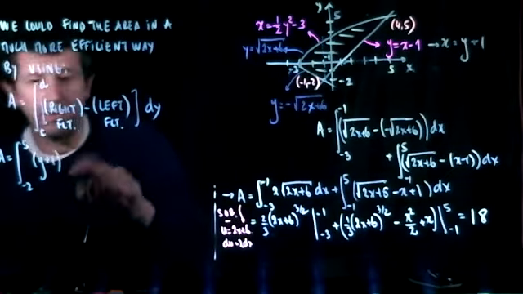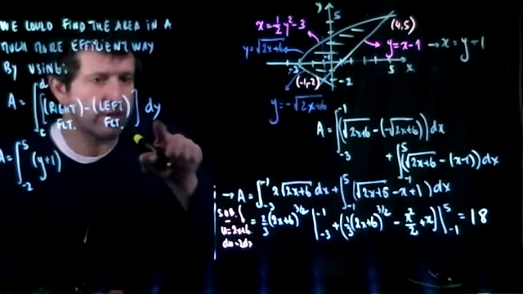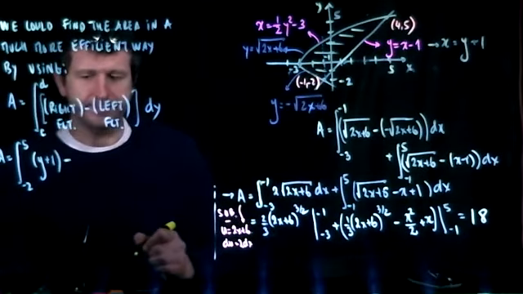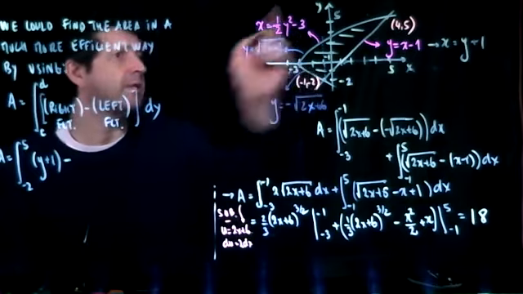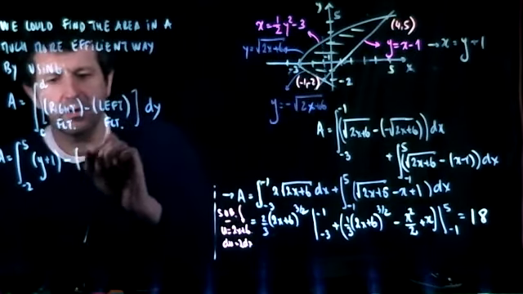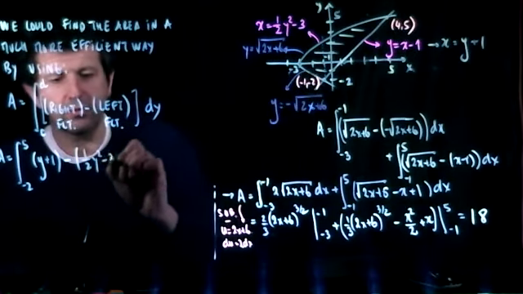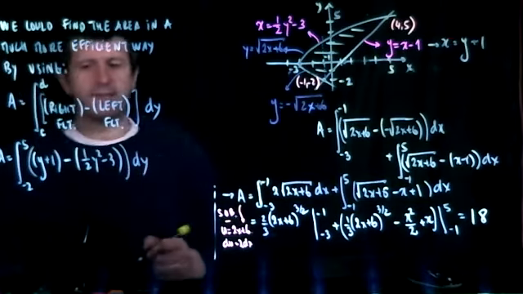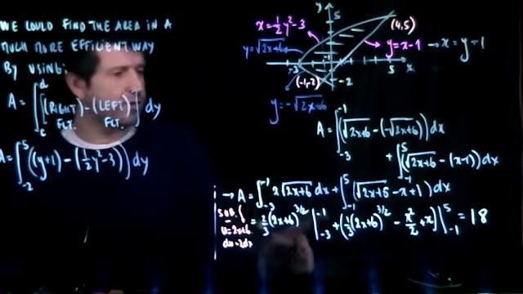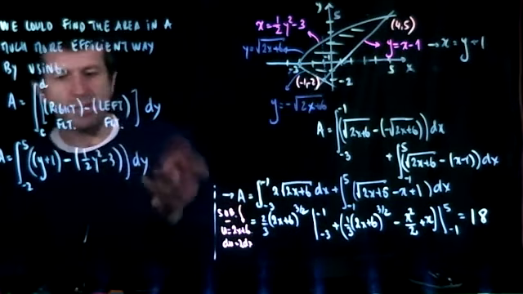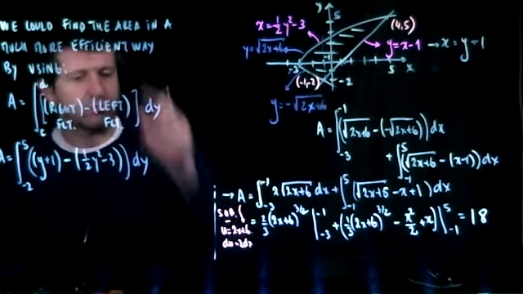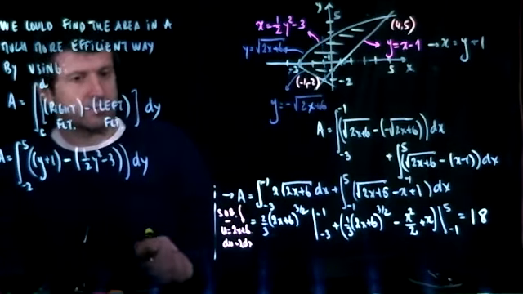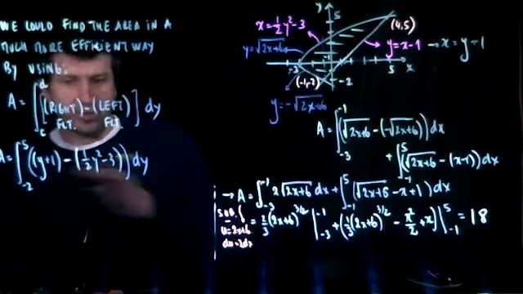But of course, I have to express everything in terms of y now. Minus the left function, which is already in y, 1/2 y squared minus 3, dy, and that's it. Much simpler than doing all this. I don't need to separate my region in two. No headaches. I don't need to isolate the y either, okay? So let's try.